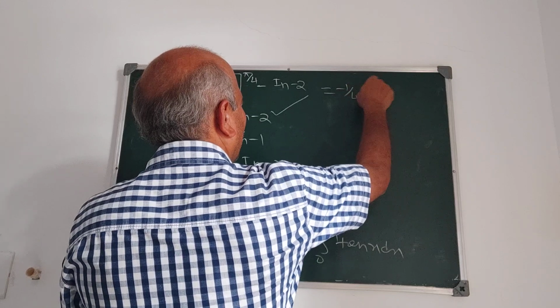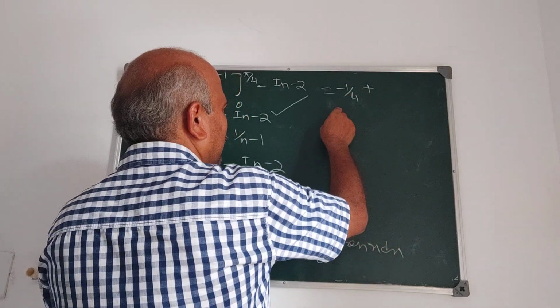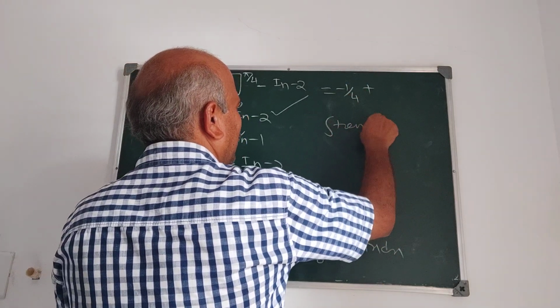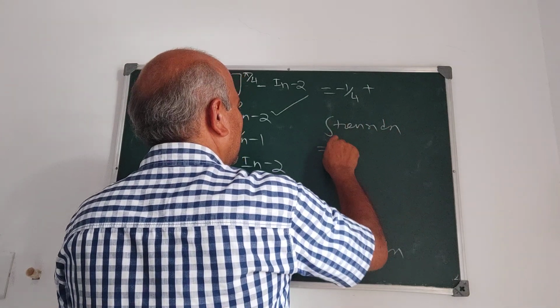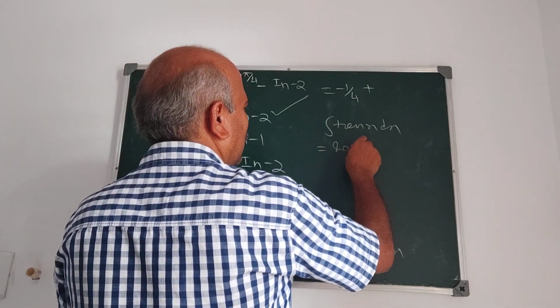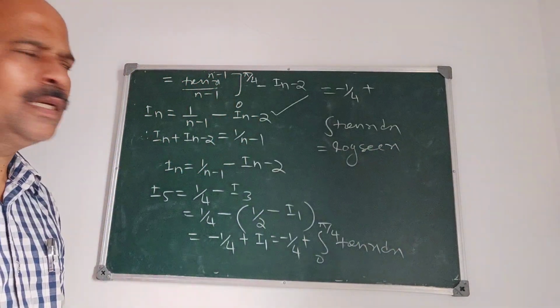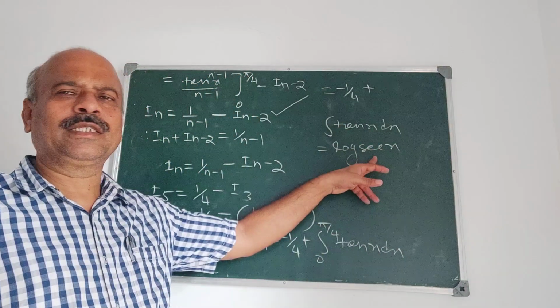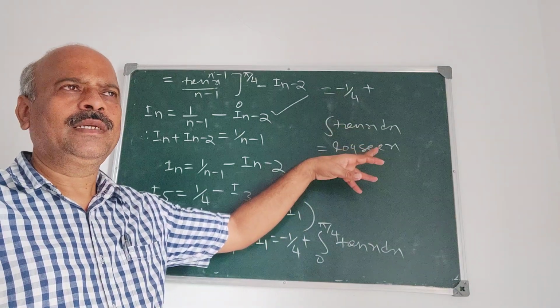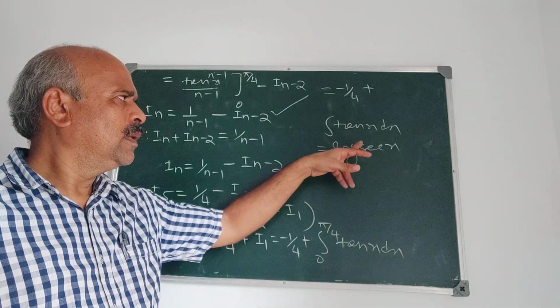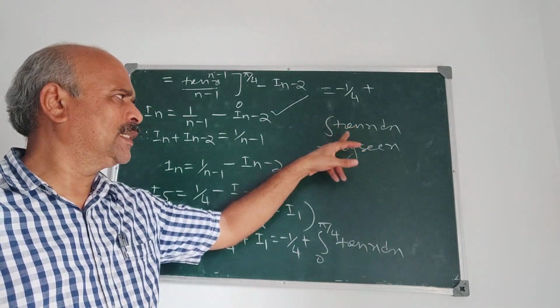Minus 1 by 4 plus, so I take integral tan x. What is integral tan x? Log of sec x. Integral tan x is log of sec x, or log of sec x plus tan x, yes.